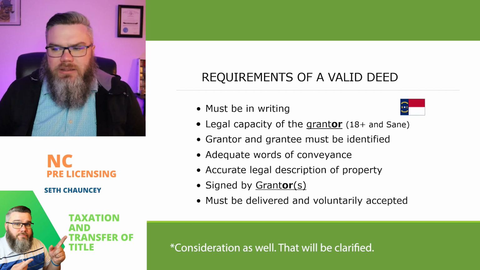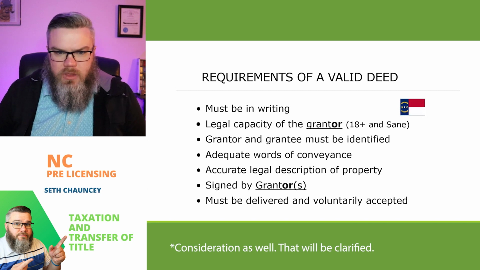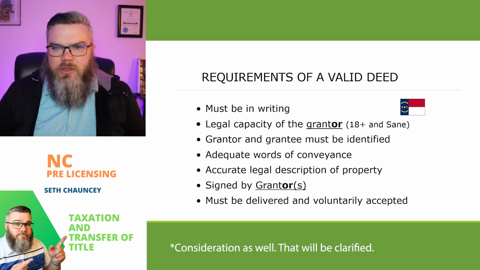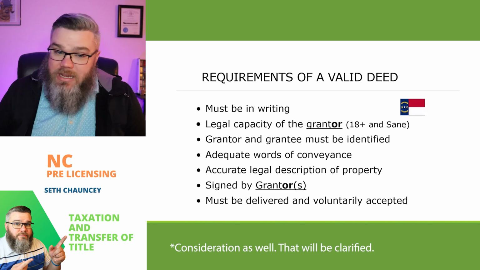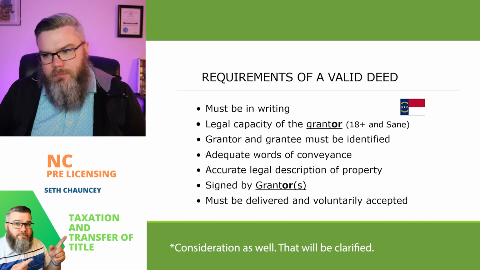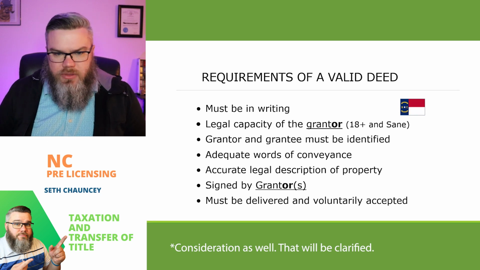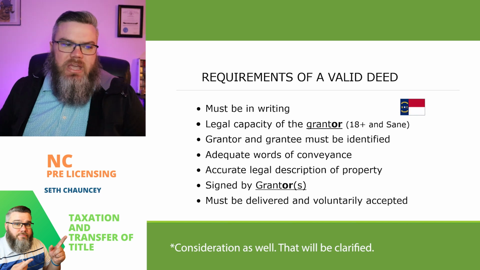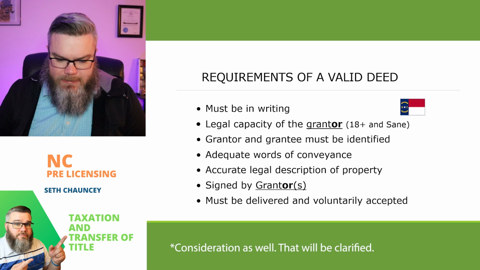We have to have the legal capacity of the grantor. When I say legal capacity, 18, sane, and sober. Same as the criteria for this class. And for this class, remember, 2 out of 3 ain't bad. 18, sane, and sober. Not the grantee, the grantor, the person giving the property. We have to identify the grantor and the grantee on the deed. It has to contain adequate words of conveyance.